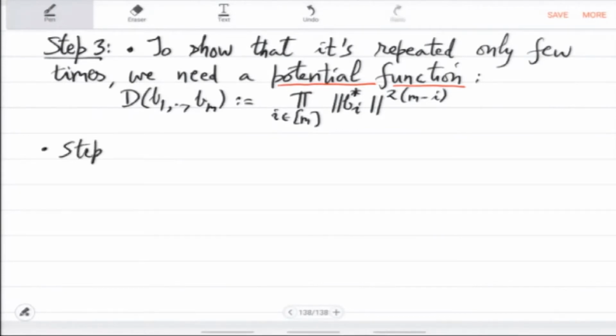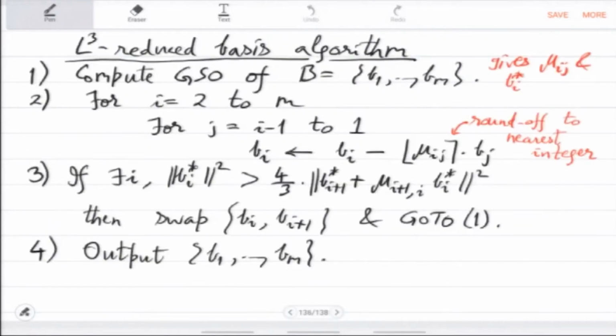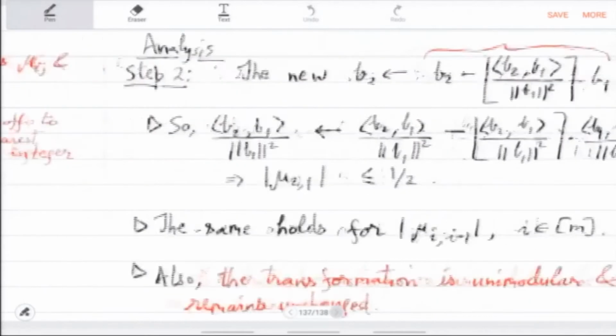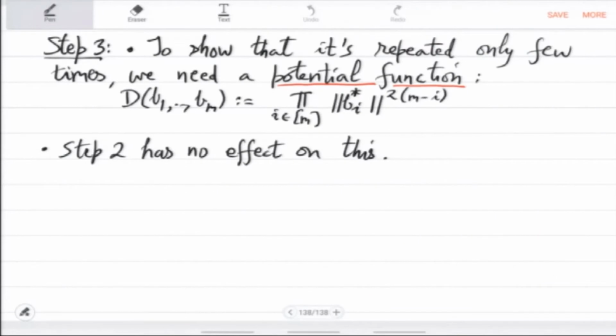So step 2 has no effect on this. Why? So step 2 was mimicking GSO, and this potential function actually looks at bi star. So these orthogonal axes do not change with GSO. So let's remember that.